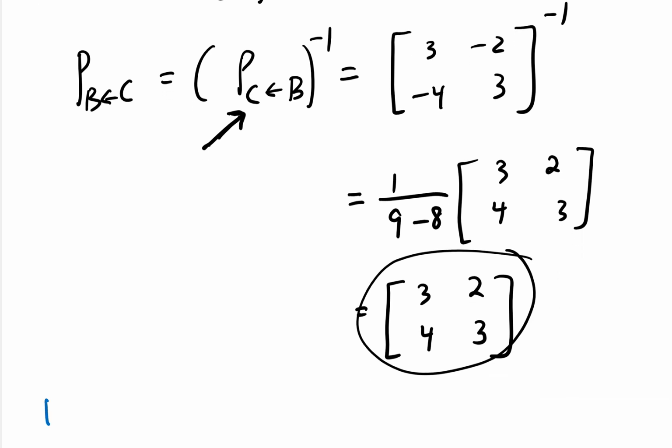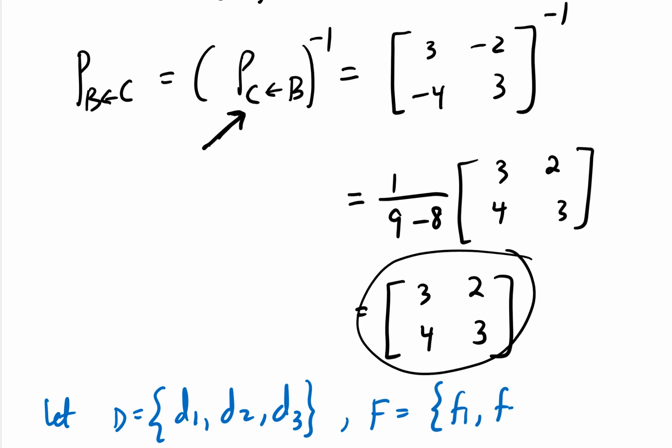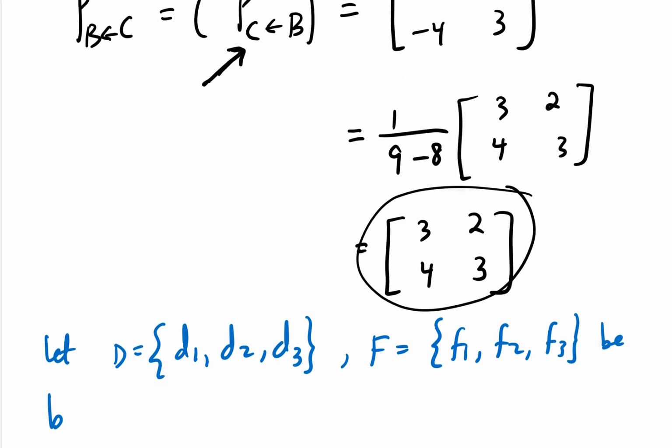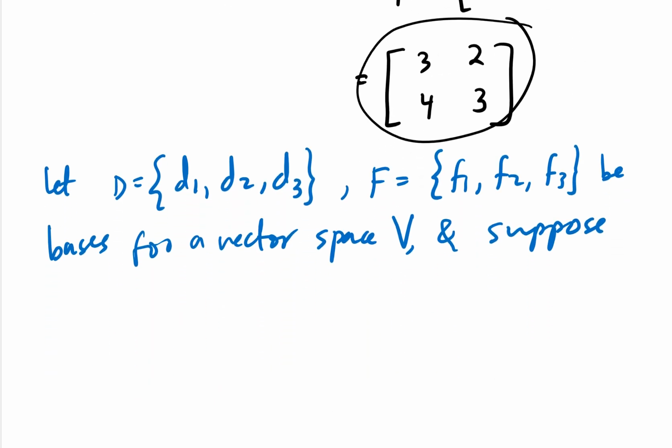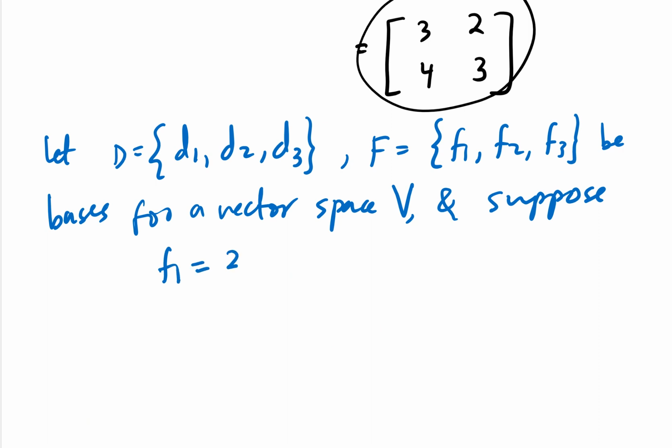Let's look at a different example. Let D be D1, D2, D3. F is given, F1, F2, F3, two bases for a vector space V. And suppose F1 equals 2D1 minus D2 plus D3.